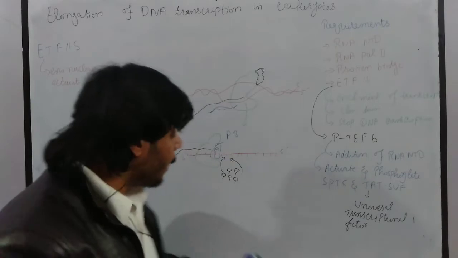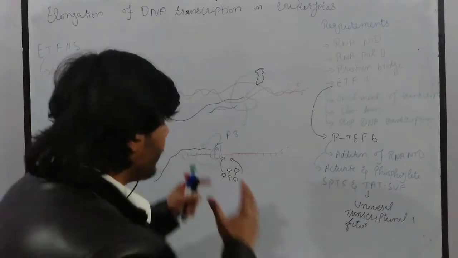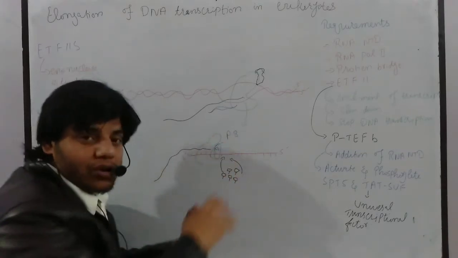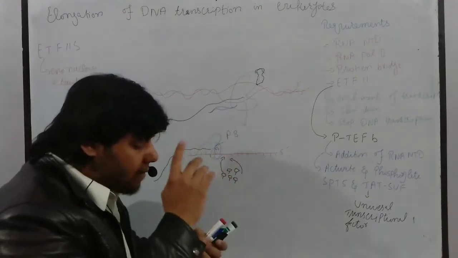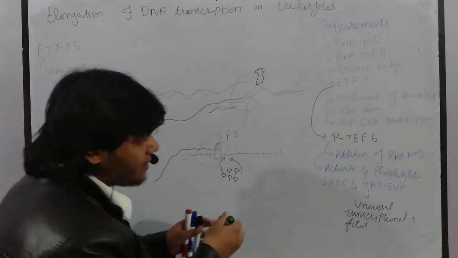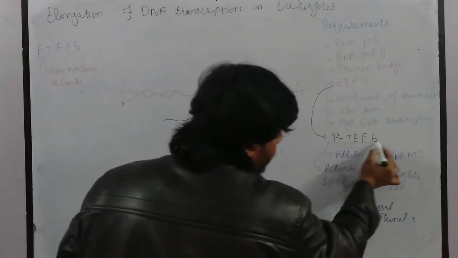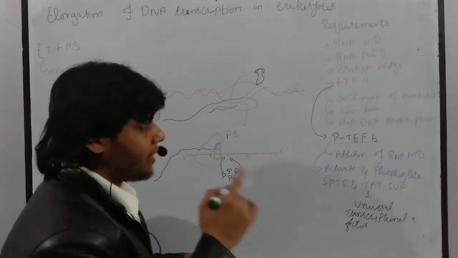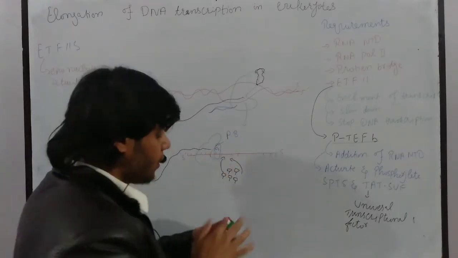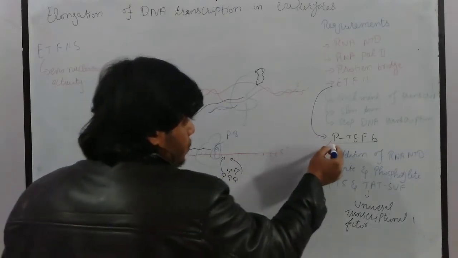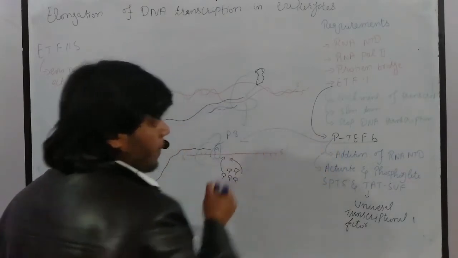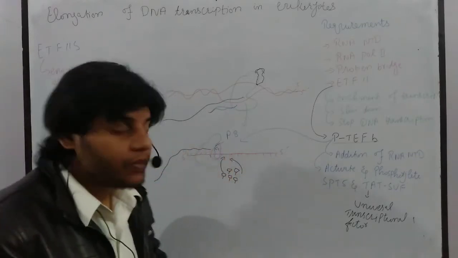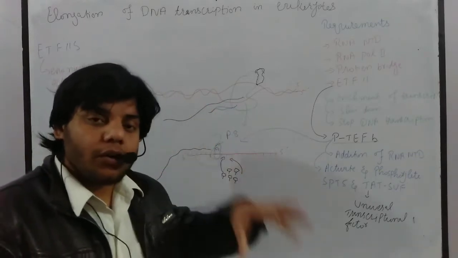But here one question arises in our mind: how will these nucleotides be added in this process, in this machinery? In this case, as we talked about, we need a transcription elongation factor, transcription factor B. This elongation transcription factor will be added here, and it will receive the nucleotides.